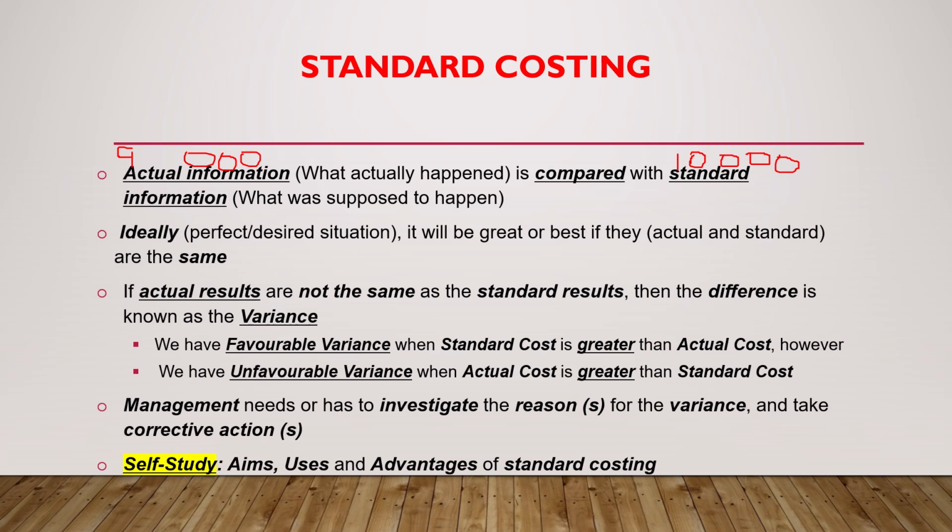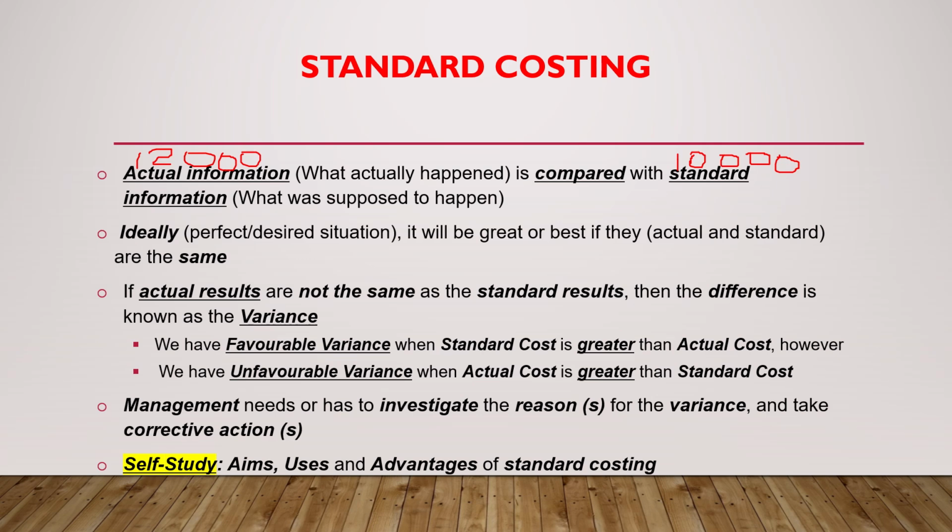When is it unfavorable? The variance is unfavorable when the actual cost is greater than the standard cost. It's vice versa. So it's unfavorable when the actual is greater than the standard, right? So this person plans to spend 10,000, but he actually spent 12,000.